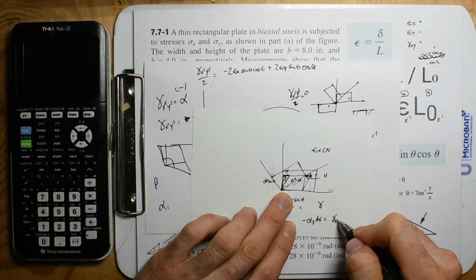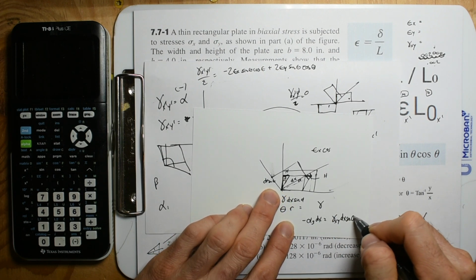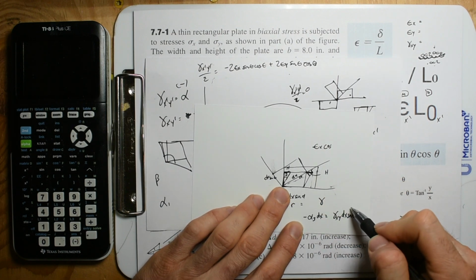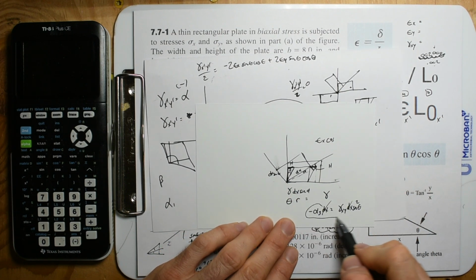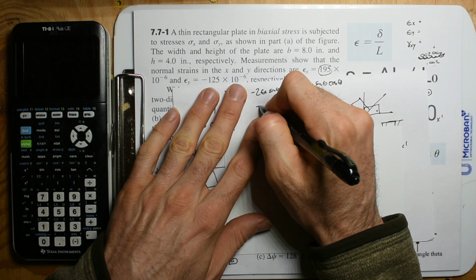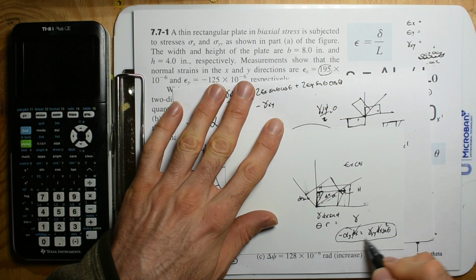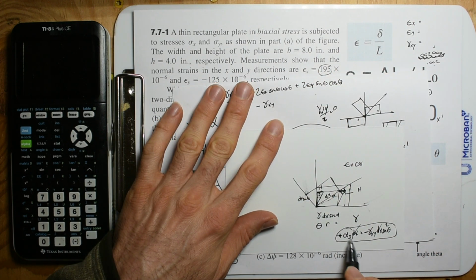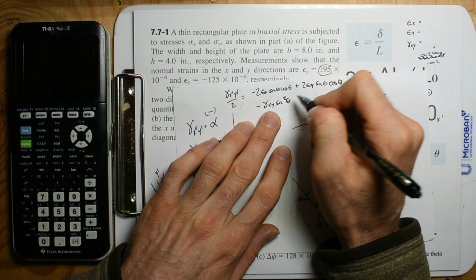So that's that initial gamma xy dx sine theta, and I'm going to have the sine component. The dx's cancel, and now this is my change. So there you go, we pick up a negative, and I just move the negative sign over there. And so we have negative sine squared theta.